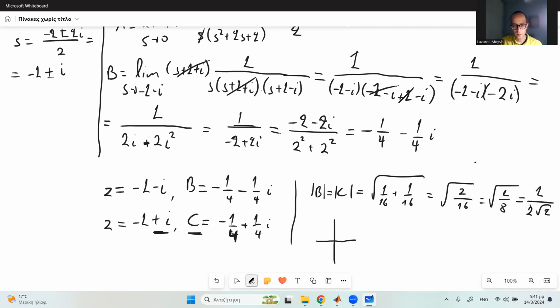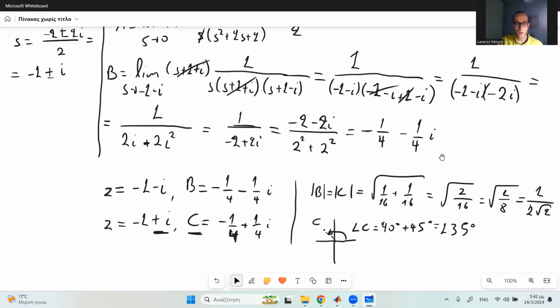For the angle we have minus 1/4 plus 1/4. So we are here. So this is c, and this is the angle. Okay, so this angle here is obviously 90 degrees plus 45 degrees. So it's 135 degrees. So this is it.